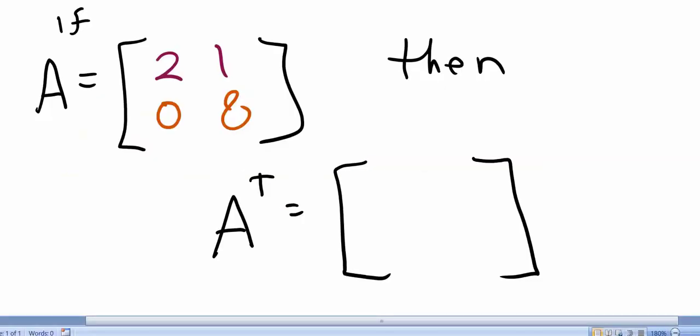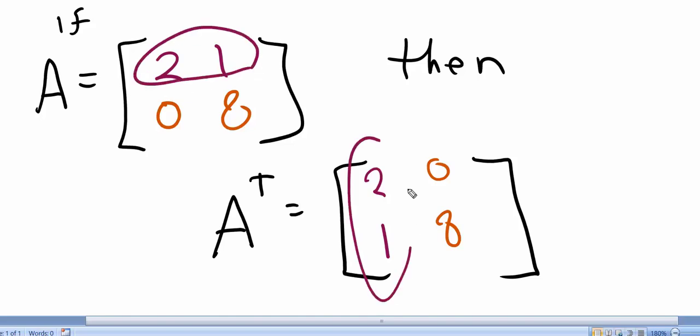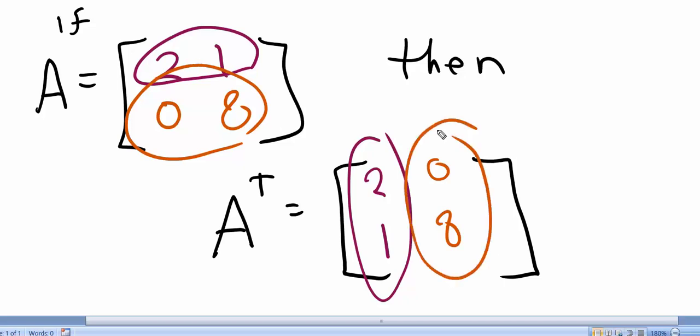So for example, if we have matrix A as being a square matrix with the elements 2, 1, 0, 8, then the transpose of matrix A would be 2, 1, 0, 8. Notice how this row became the column and this row became a column.